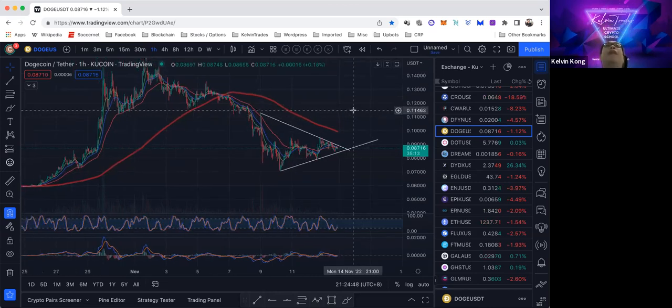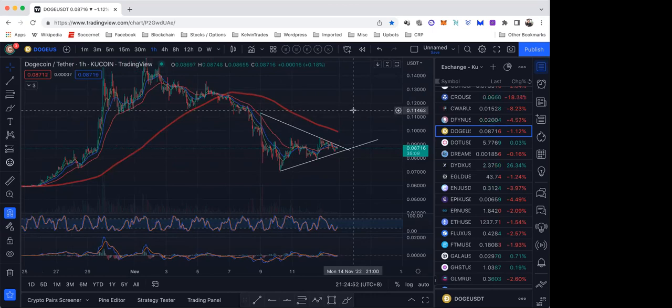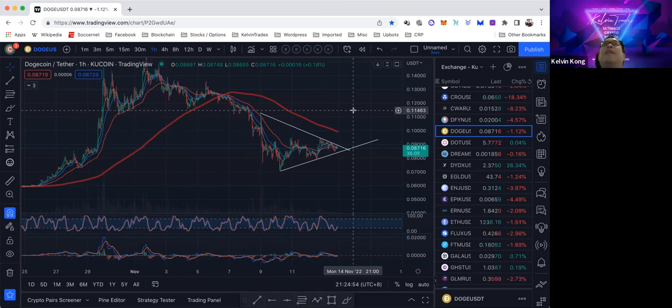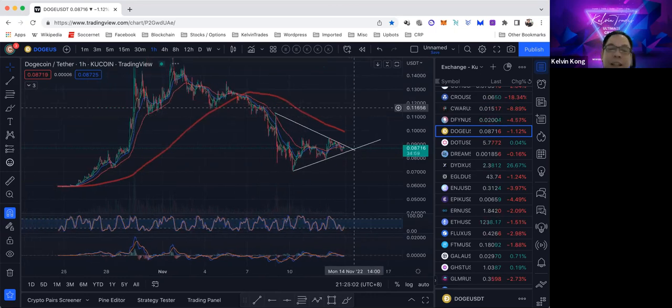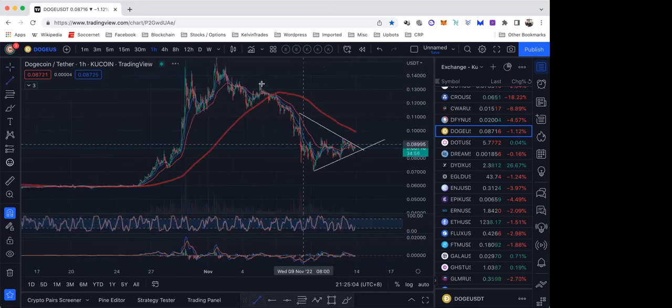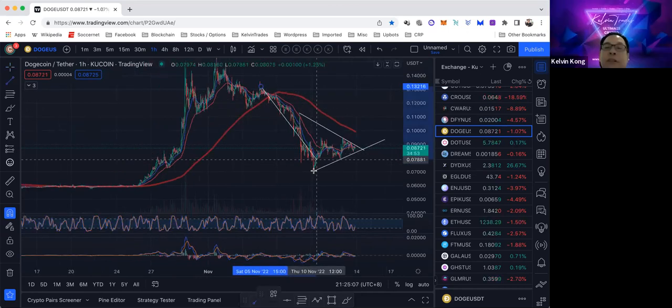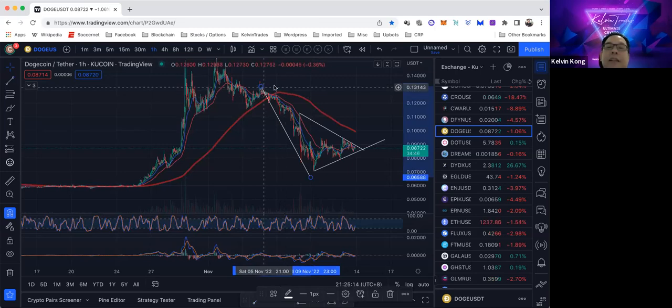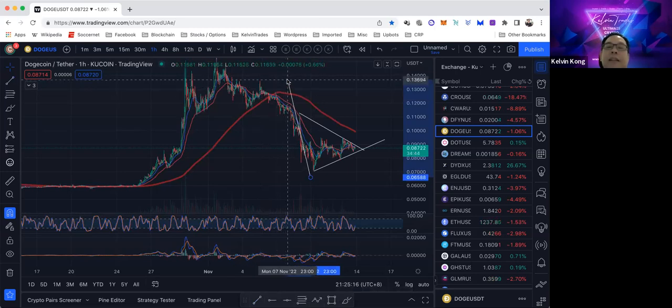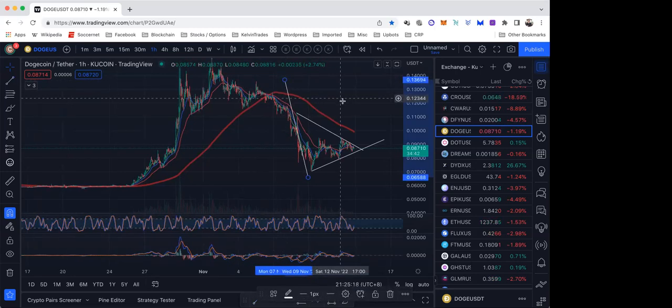Guys, nobody can help? Googling. So sad, Samir. All your friends couldn't help you because they also don't know. Yeah, bullish pennant. I draw this. What if I draw this? Descending flag.